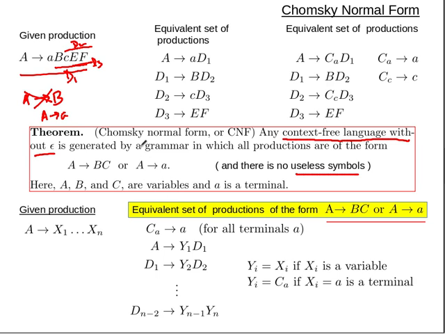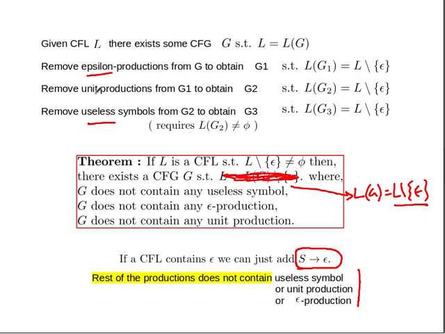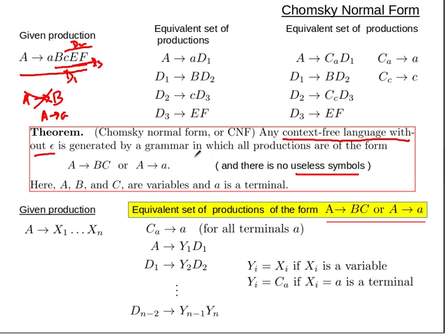So what are we doing? To prove this theorem, we take any context-free language without epsilon, and first we do these steps so that we know our productions are of this form.